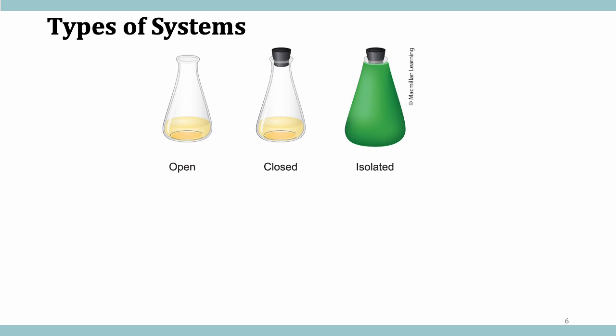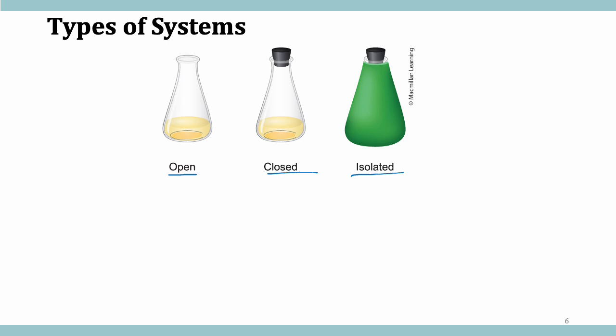Now we can classify systems into 3 different categories. The first one is called an open system, then closed system, and isolated system. These are the 3 systems. What does it mean by open, closed, and isolated? The difference lies in what they can exchange with their surroundings.